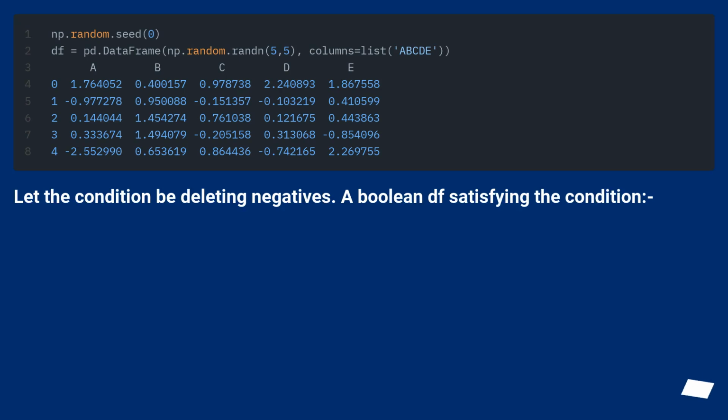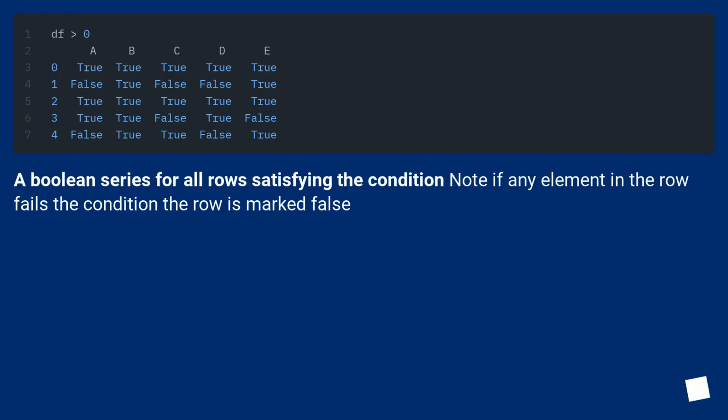A Boolean df satisfying the condition. A Boolean series for all rows satisfying the condition.